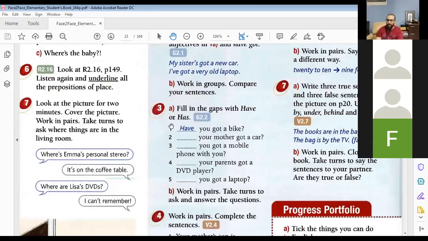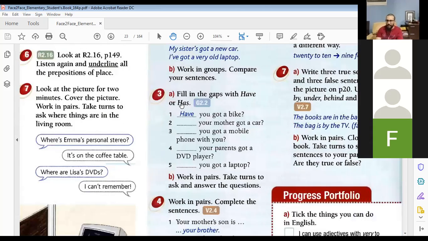All right, now number 3, it says fill in the gaps with have or has. Okay, so the first one, have you got a bike? What about number 2, Media? What's the answer? Has your mother got a car? Okay. And number 3, Fatima?